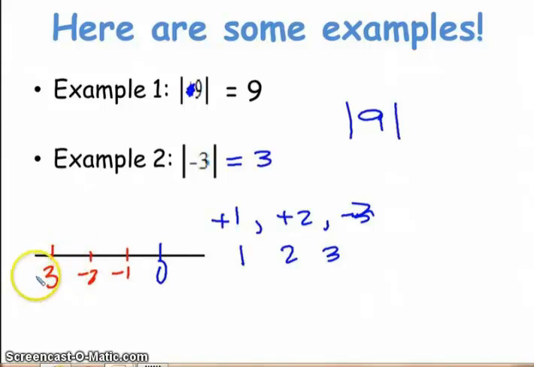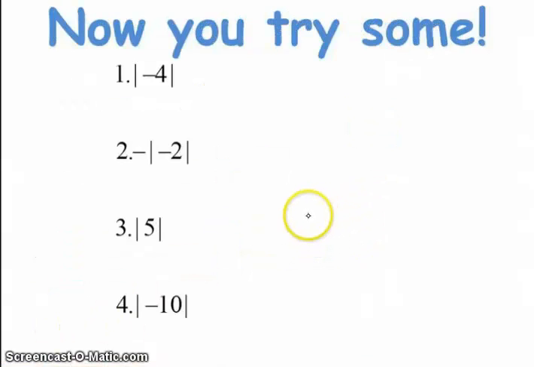How far away is -3 from 0? Once again, how many units? 1, 2, 3. 3 units. So our answer will be +3. Okay, so go ahead and try these. Pause before you get the answer. I'll be waiting.